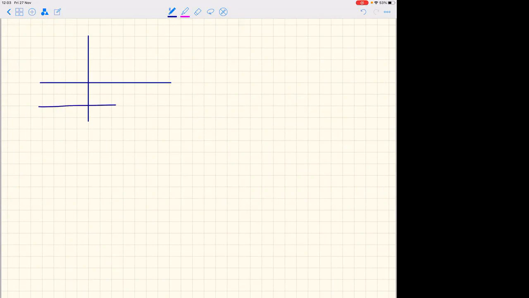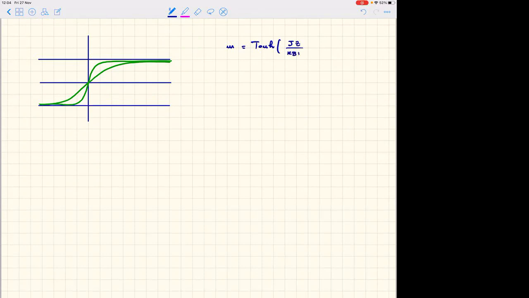So let us draw the curve. We have to solve the equation m equal to tanh of Jz over kBT times m.